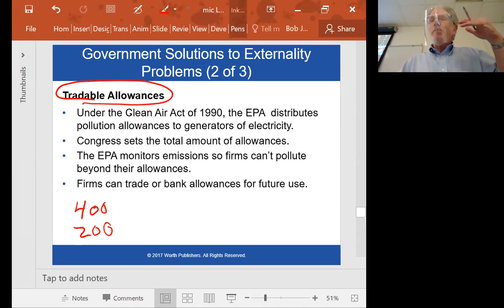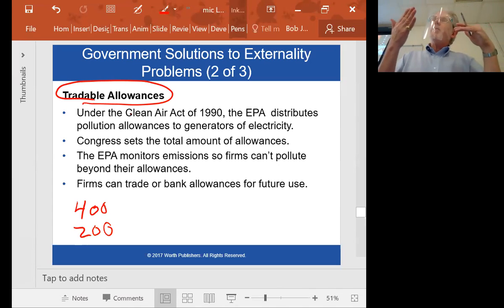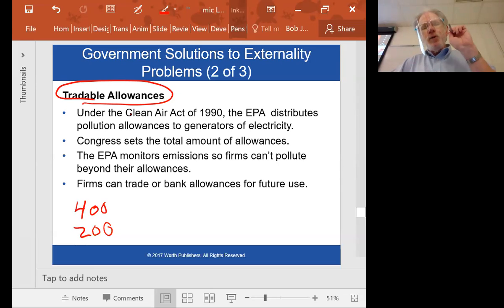So the company that can reduce pollution at a low cost can then trade that allowance to the company that would have difficulty reducing it.